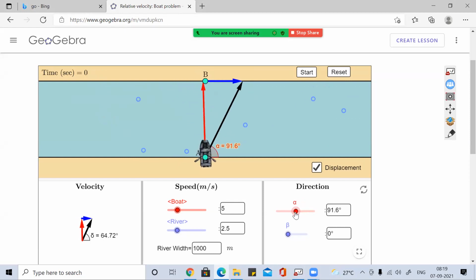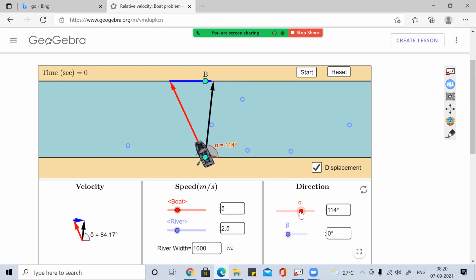Straight, A to B, perpendicular to the river flow. Then he can cross the river in the shortest time. To cross the river in the shortest path, he has to travel at an obtuse angle like this. So these things we'll see tomorrow.